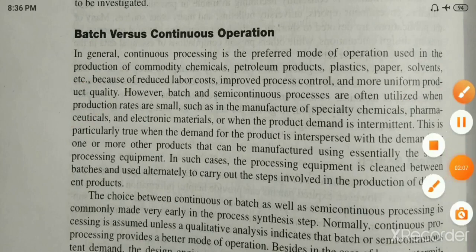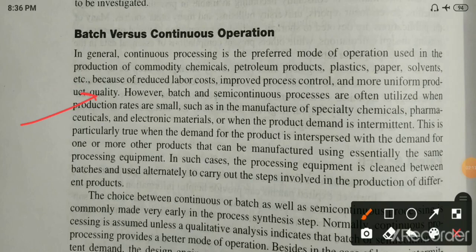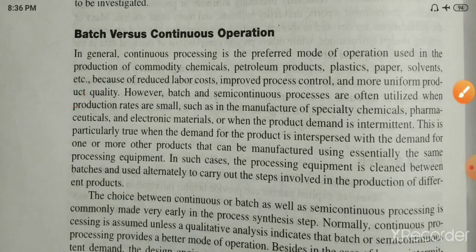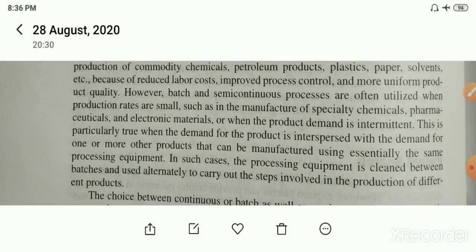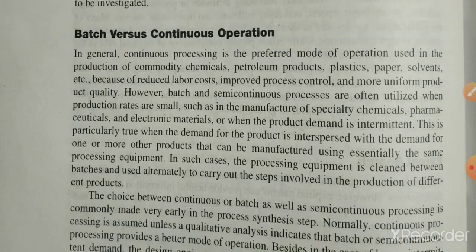However, batch and semi-continuous processes are often utilized when the production rate is small, such as in the manufacture of specialty chemicals, pharmaceuticals and electronic materials, or when the product demand is intermittent.